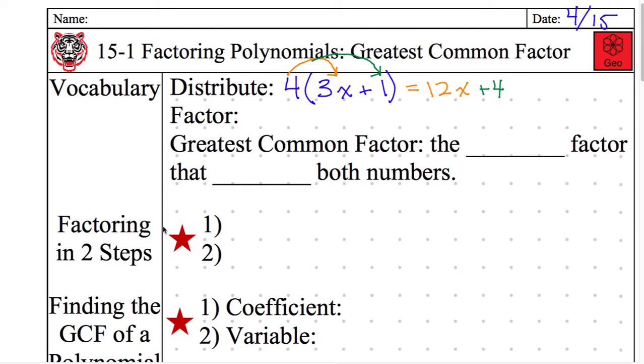That's exactly the definition that I'm going to be writing here. So India's marble is in. So factor, that is backwards distributing. That means somehow if I give you 12x plus 4, you need to give me 4 times the quantity of 3x plus 1. I'm giving you the answer, you're giving me the problem.